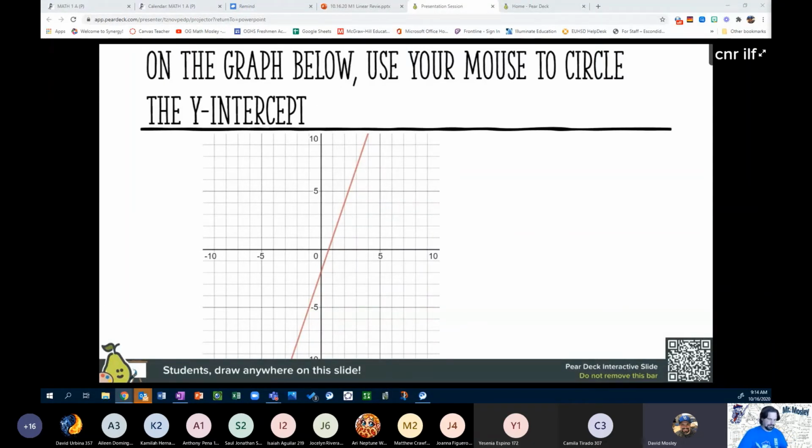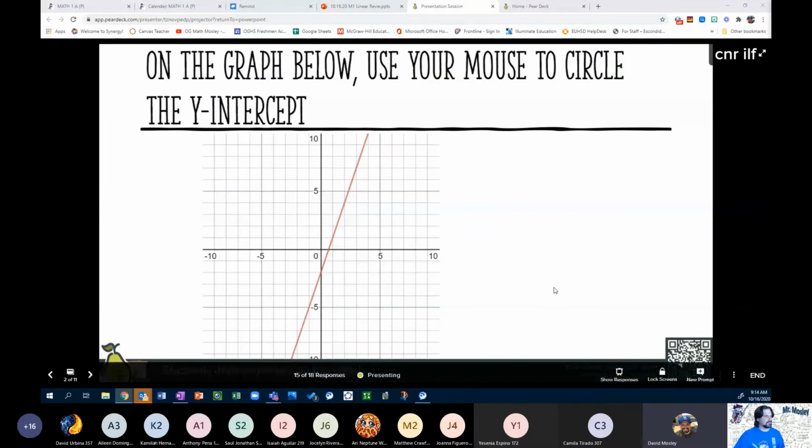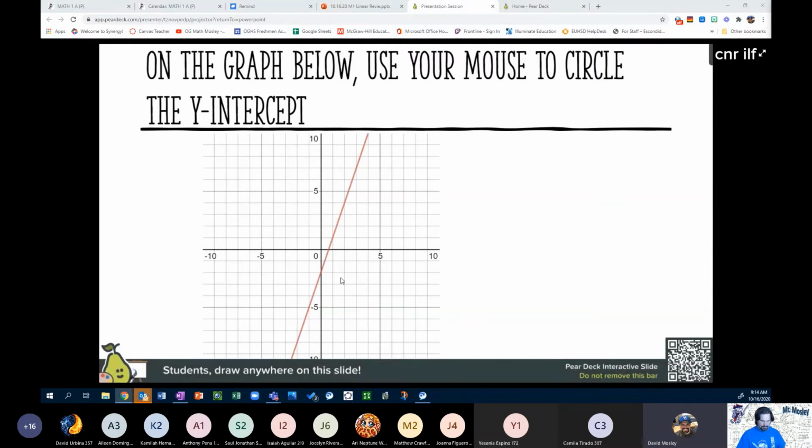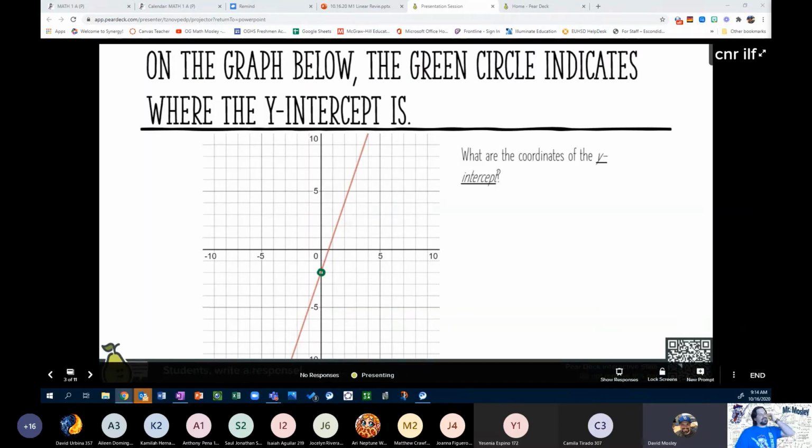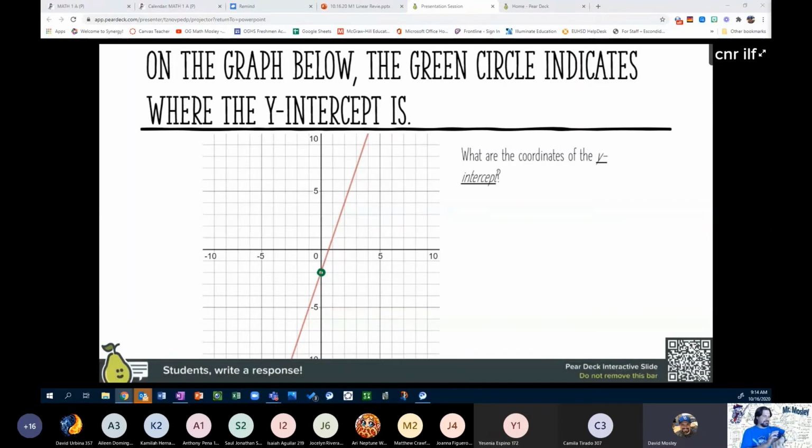Alrighty. So you should have circled a point that was at the coordinates of 0 and -2. Right, and that's the point that I've circled here.